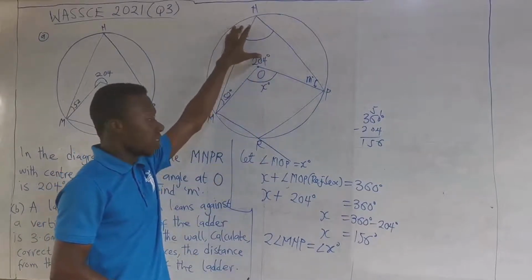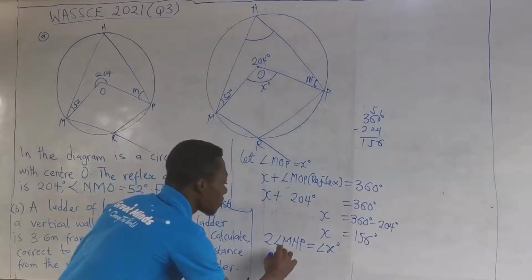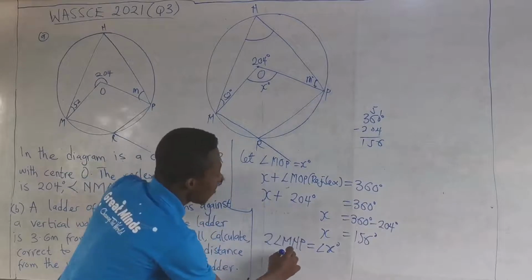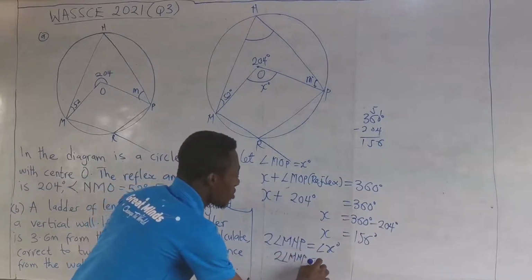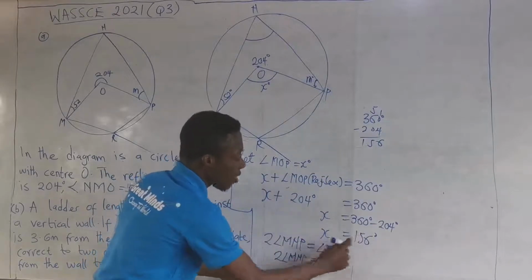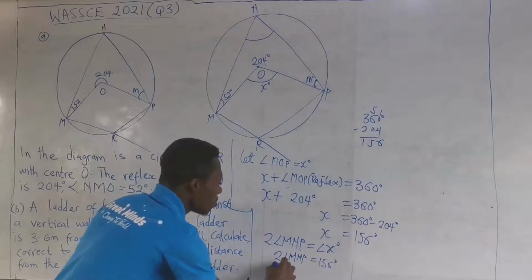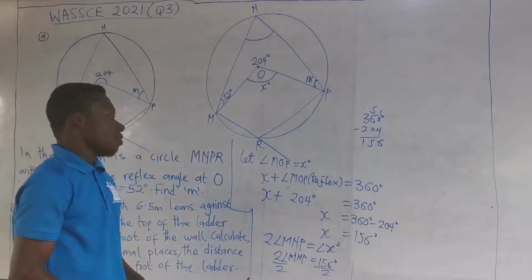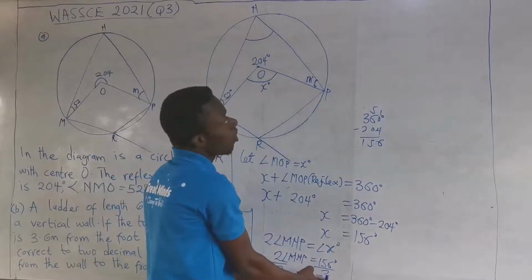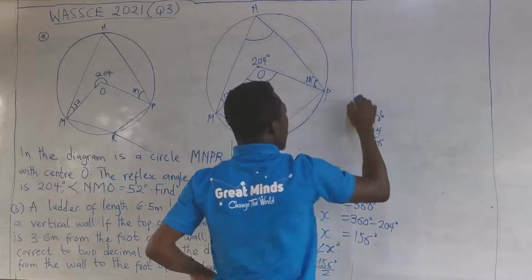So twice this angle NP will be equal to 156 degrees, since x is 156 degrees. So I will divide both sides by 2. Let's move a bit so that we can go to the top here.